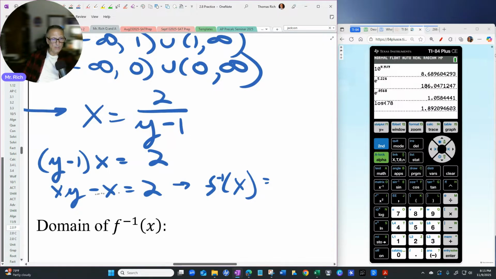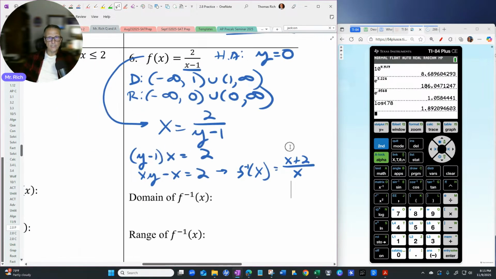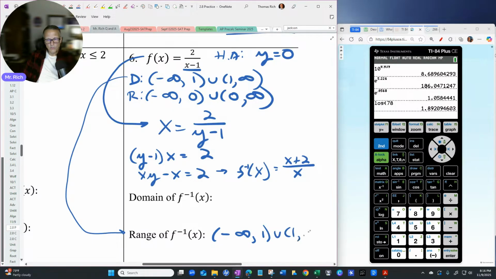And then I will add that x over, so that becomes x plus 2, but then I would be dividing by the x. Now, what's the domain and range of the inverse function? Well, it's going to be, again, a swap. This domain right here is going to become the range of the inverse. So this is going to be -infinity to 1 union 1 to infinity.